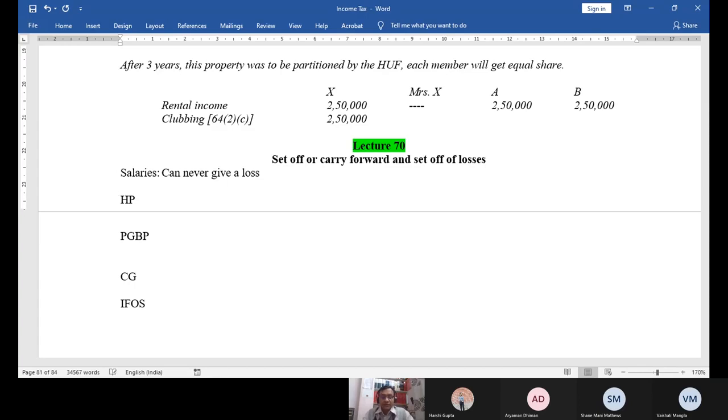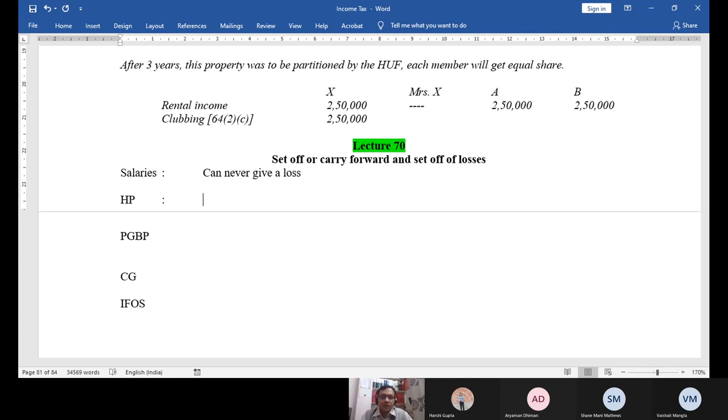House property can show negative incomes, because whenever my interest payment, interest on borrowed capital, exceeds the annual value, I'll have negative income.